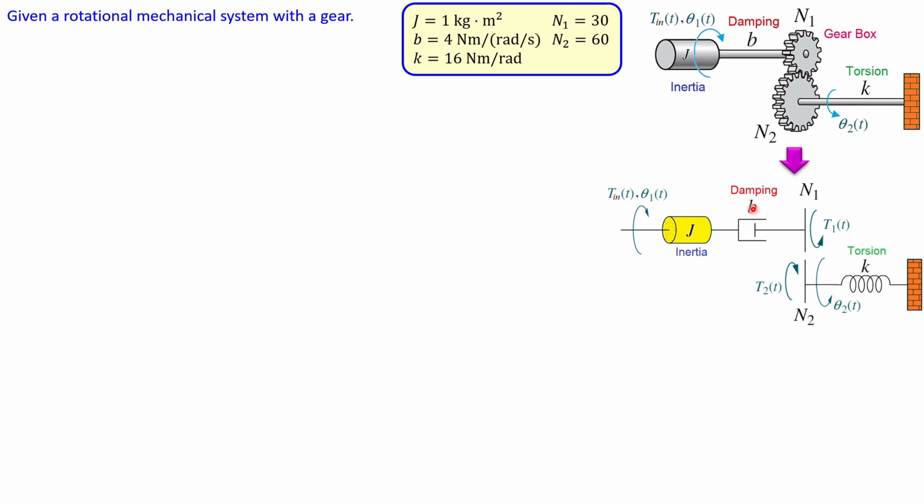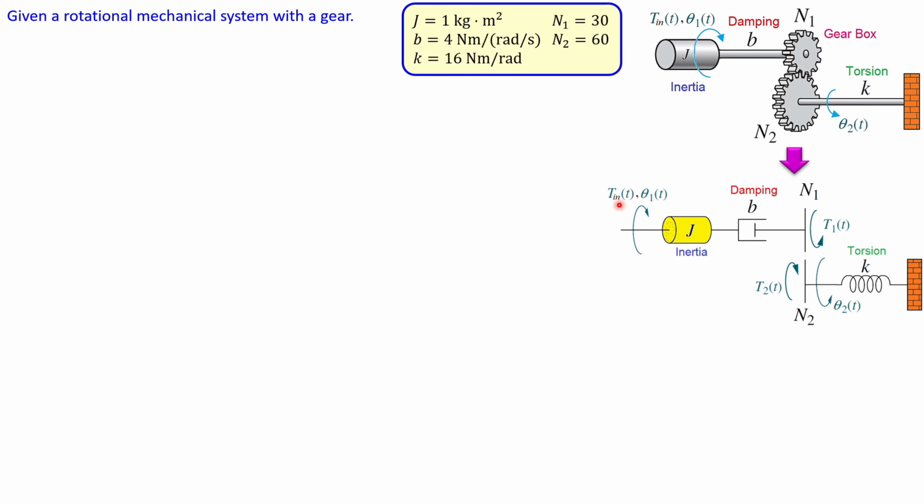So it is just a damping with a coefficient of B. We have this part for the gear N1 and N2 for the bottom side, and we also have the outside rod, which is only a torsional rotational part, composed of a spring with a coefficient of K. And this still is the fixed point for our mechanical system. And again, you can see the input torque.